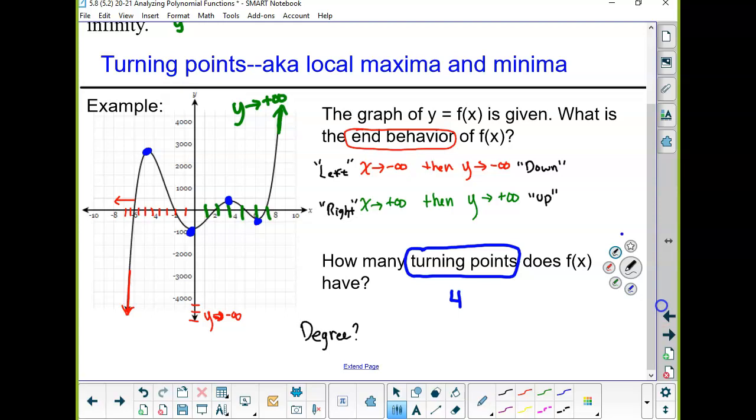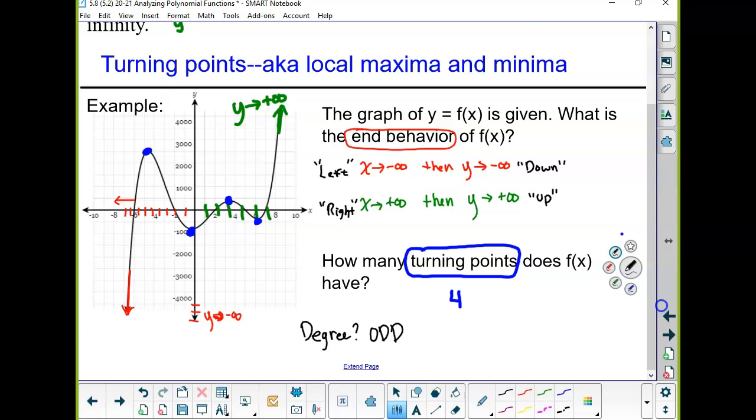What do you know about the degree of this graph? It's an odd function, right? So the degree is odd because one arrow goes down and one arrow goes up.